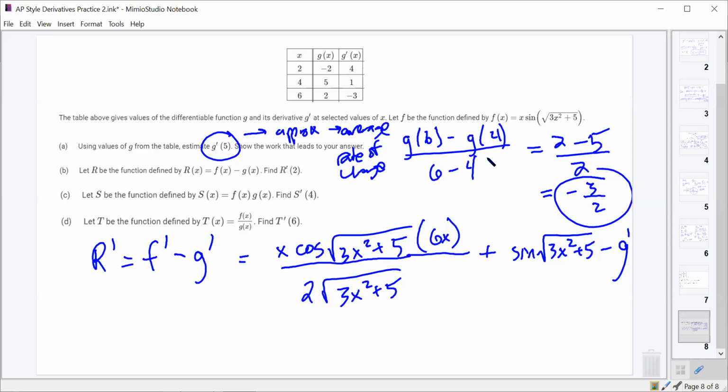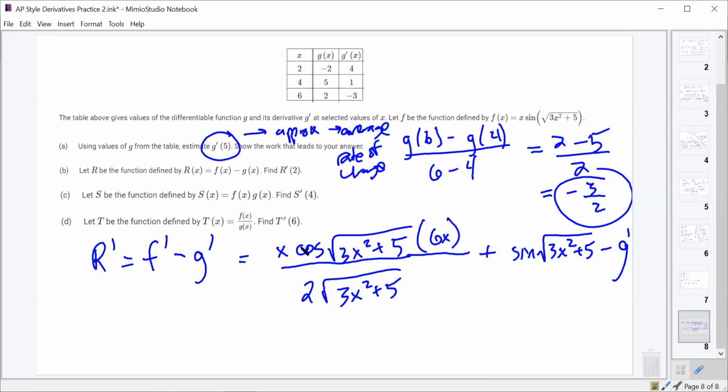Okay, and so then we plug in 2 to this, and you'd evaluate all this out. This was probably a calculator problem because all this derivative stuff is just a pain to evaluate. So they would have let you use your calculator to find that.